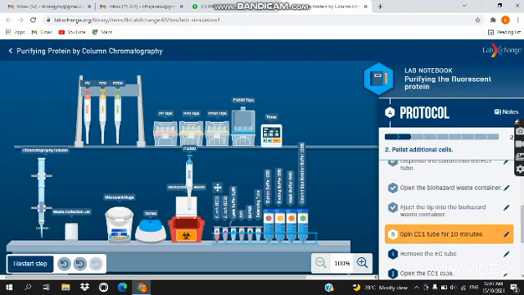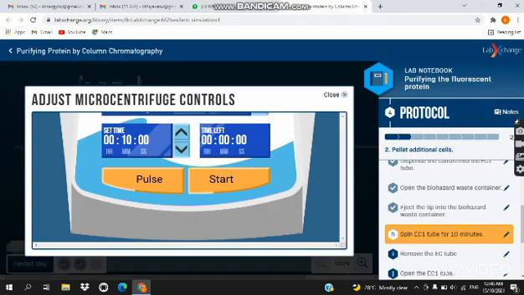And spin the EC1 tube for about 10 minutes.